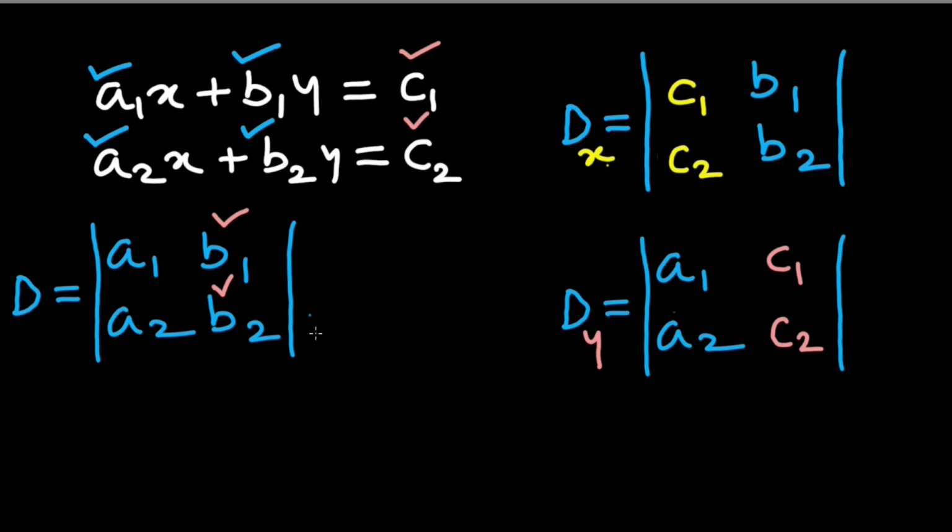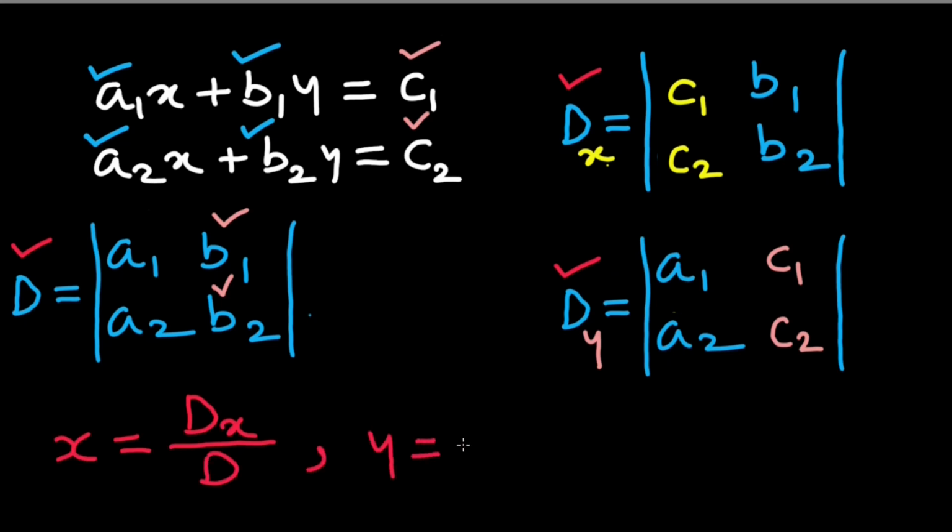Now that we have three determinants D, Dx and Dy, according to Cramer's rule, we can write the value of x as Dx by D and value of y equals Dy by D. So this is how we can use Cramer's rule to solve linear equations in two variables x and y.